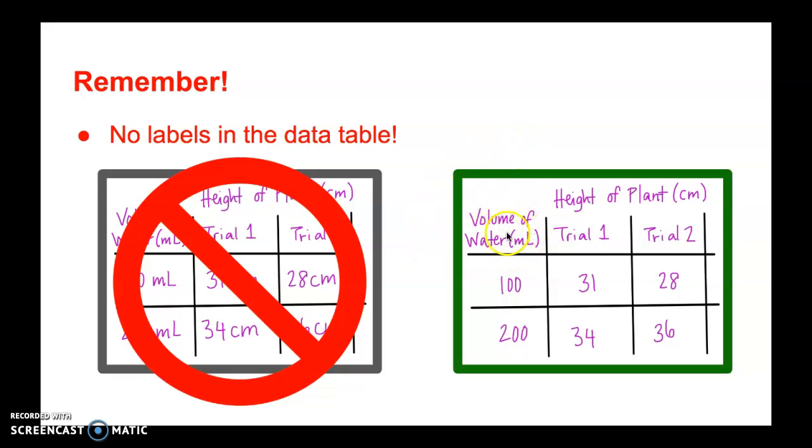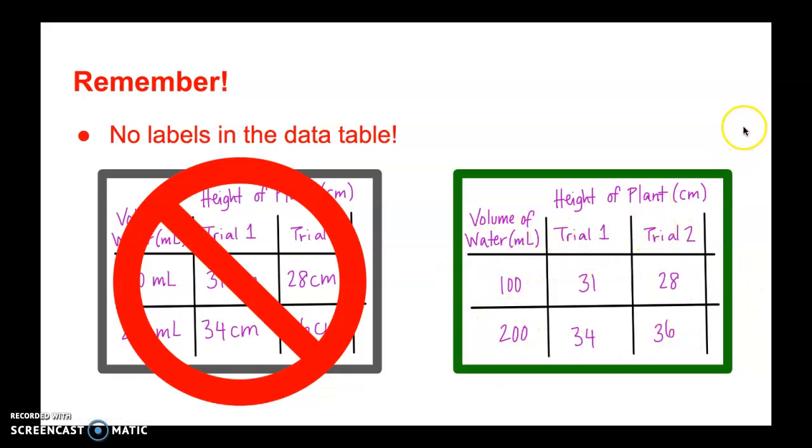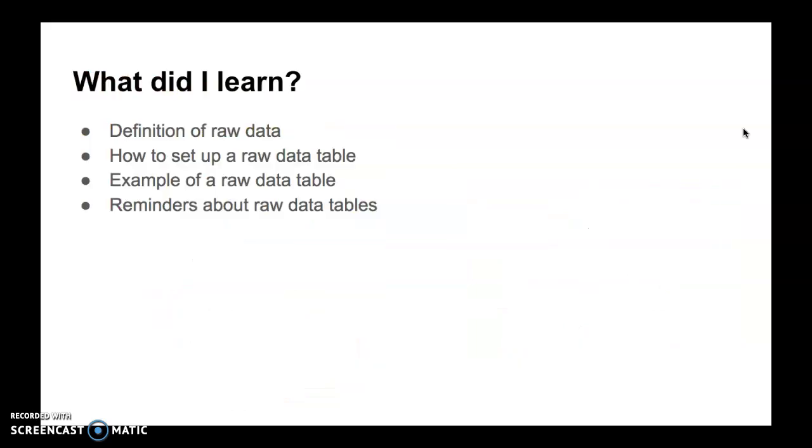The units are only in the headings, they're only with the independent and the dependent variable, and then the inside of the table, the body of the table, it's just pure numbers, nothing else. So this is how it's going to be forever and ever, the end.